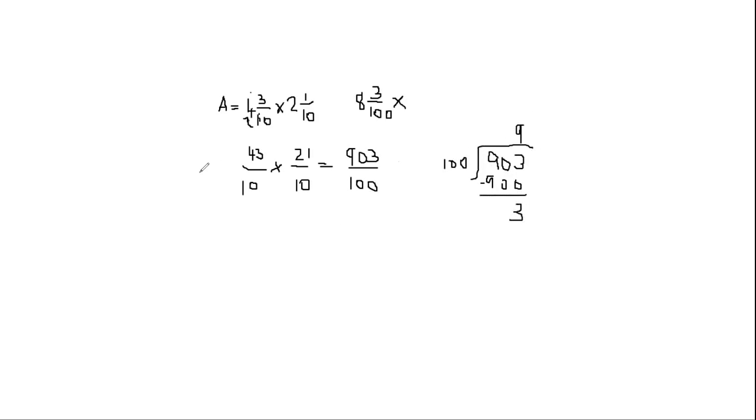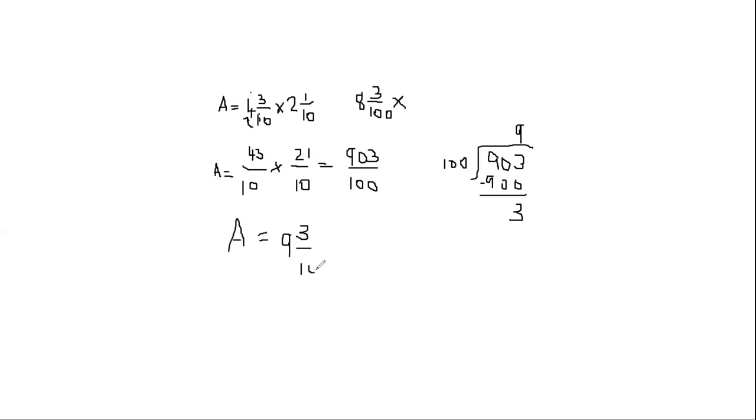Okay, so how are you going to write this as a mixed number now? Of course, the area is equal to, we take the quotient as the whole number, so that's going to be a 9, and the remainder as the numerator, and the denominator will be 100.